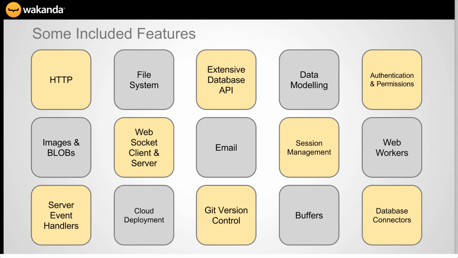So as opposed to another popular JavaScript server-side technology, Node, for instance, we actually include a ton of features out of the box. Whereas in the Node world, you're doing module after module after module. We've included most of the basics that you will need out of the box, such as HTTP.